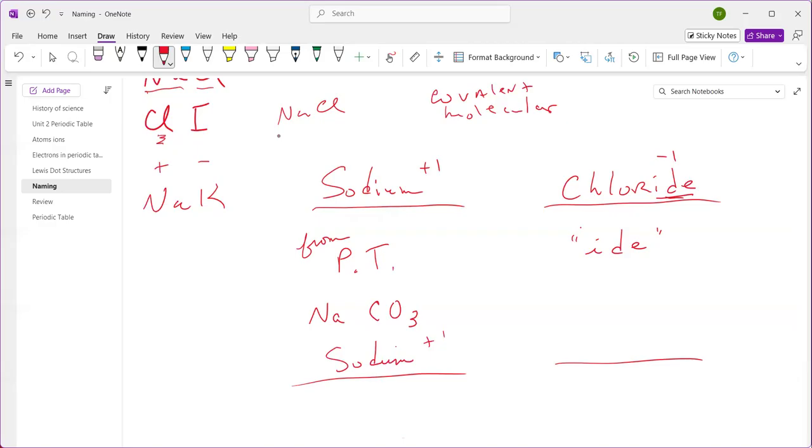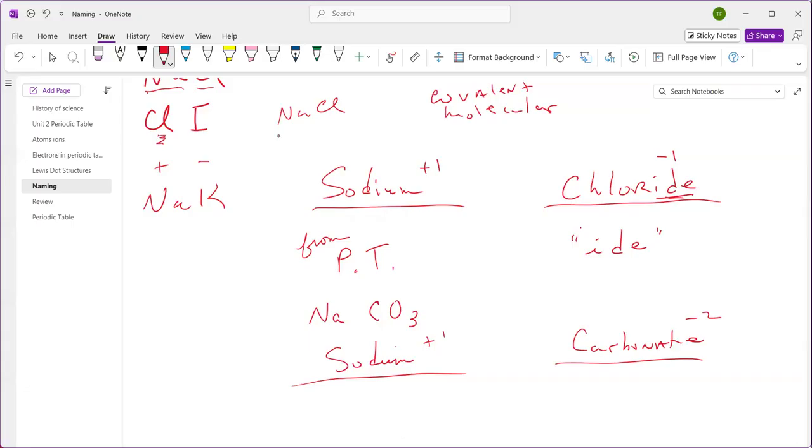Carbonate, find carbonate on the right side. What's its charge? -2. What is the net charge now?